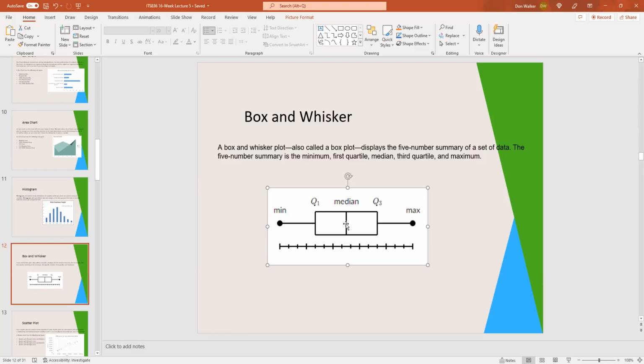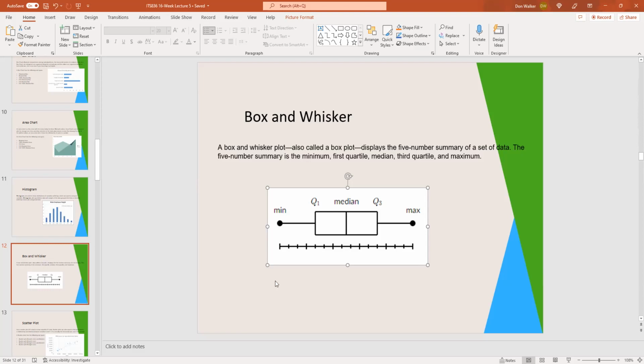Say it's a blood pressure trial. It'll show you the blood pressure before and after, like average blood pressure and the variability, and then average blood pressure after the treatment, or before and after the placebo. You can start to see side by side the impact and the variability of that impact.